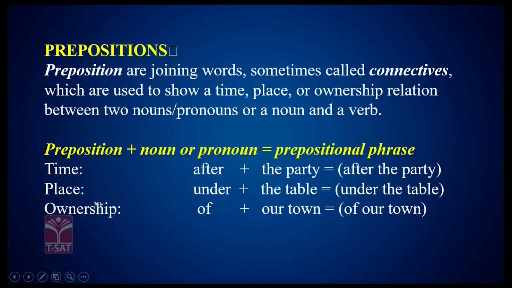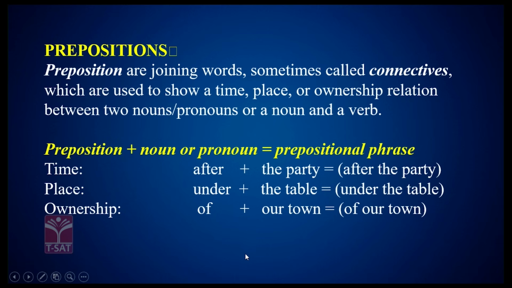With reference to place, under is a preposition of place, then the table. It is a noun. When we combine these two, we will have a prepositional phrase called under the table. Now, you see the ownership: of our town.